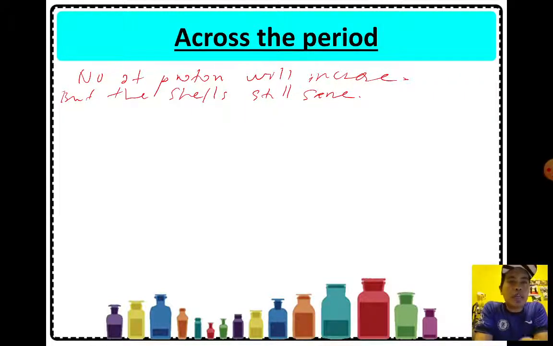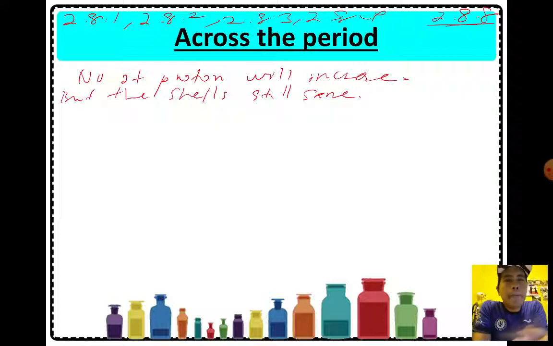Contoh, kita ada sodium, sodium 2.8.1, and then magnesium 2.8.2, and then 2.8.3 for aluminium, 2.8.4 for silicon, sampai argon 2.8.8.